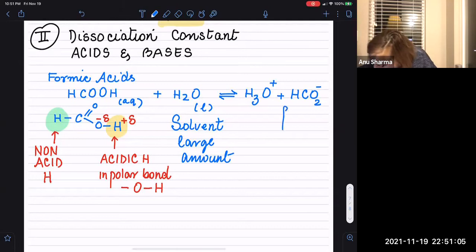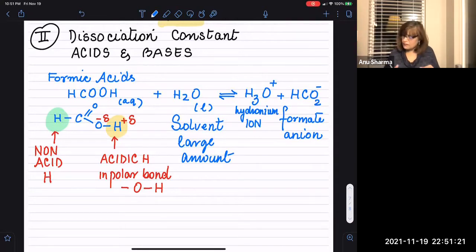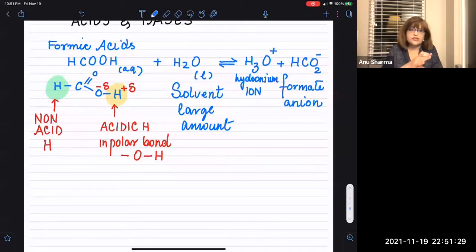This is the formate anion, and this is the hydronium ion. Okay, so this is the situation with formic acid.